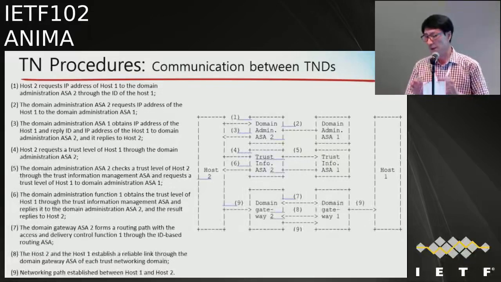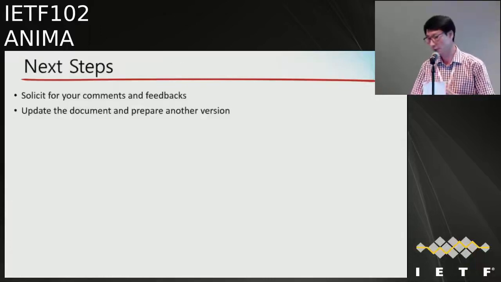So currently we defined these 2 procedures as use cases, and we are going to work on further use cases in the future. So this is a brief introduction on the trust networking for autonomy networking, kind of an extension of the trust aspect to the autonomic networking capabilities.